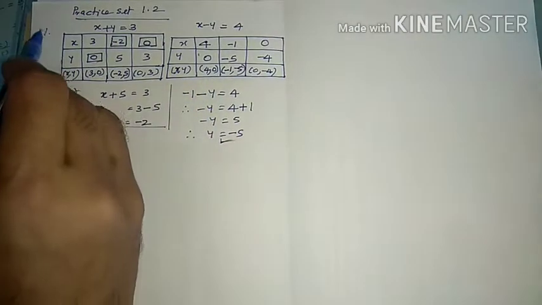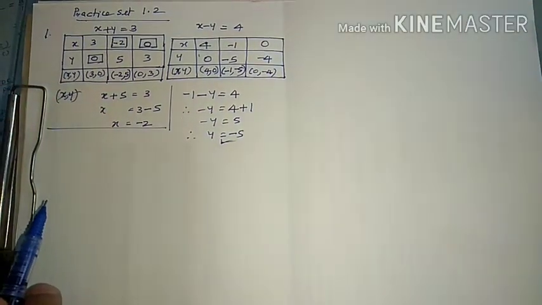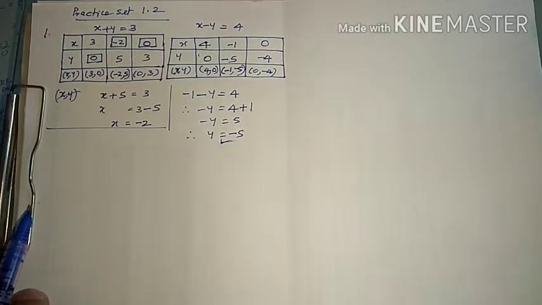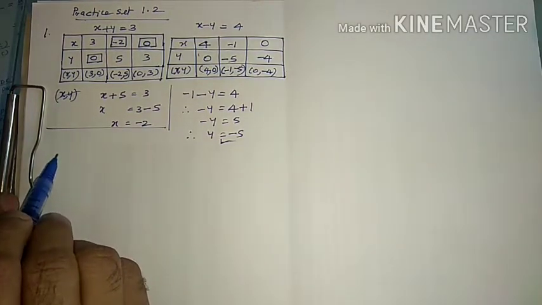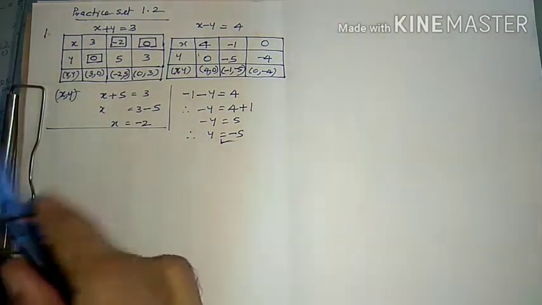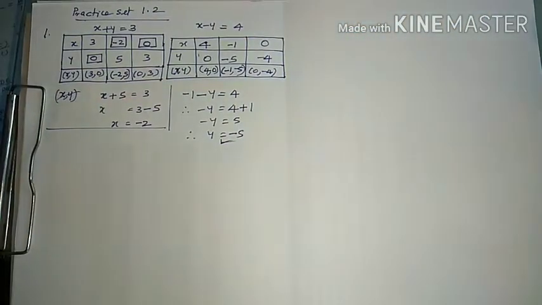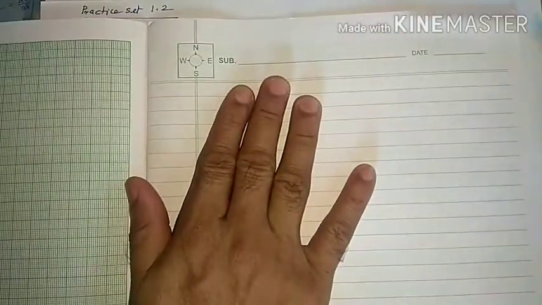This is question number 1 of 1.2. Now we have to go for graphical solutions. Graphically we have to solve. That we do in the graph paper. This is the graph paper, and put your points first.